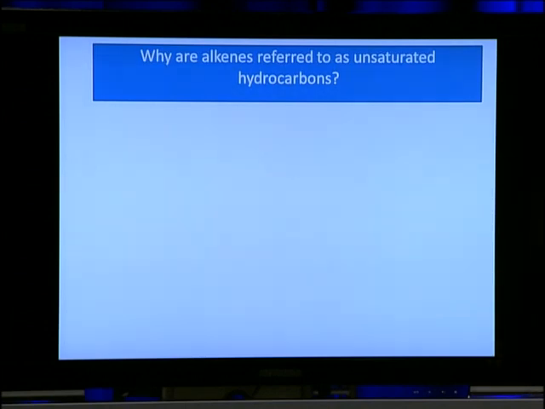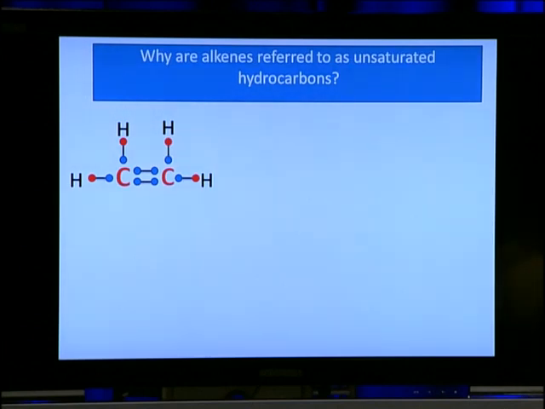Another question that comes to our mind is, why are alkenes referred to as unsaturated hydrocarbons? Let me take you through the example here. This is an alkene with a double bond between two carbon atoms. It reacts with the hydrogen molecule, with one valence electron each, where they form a bond.